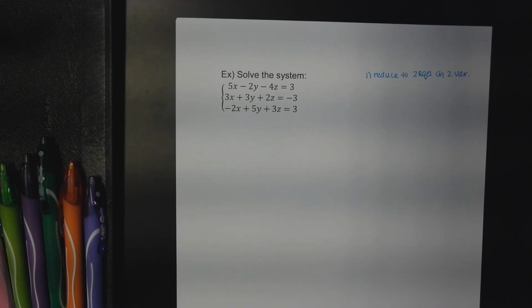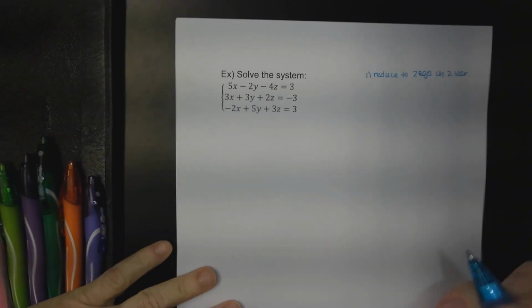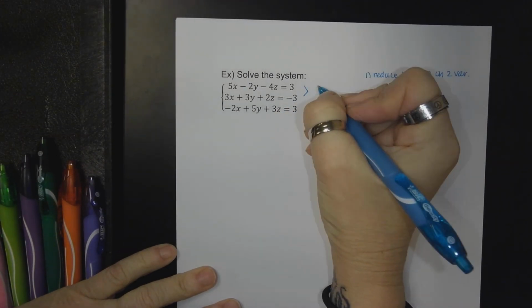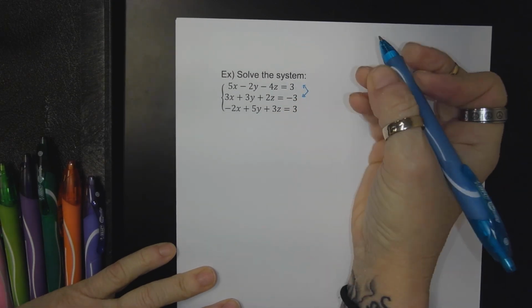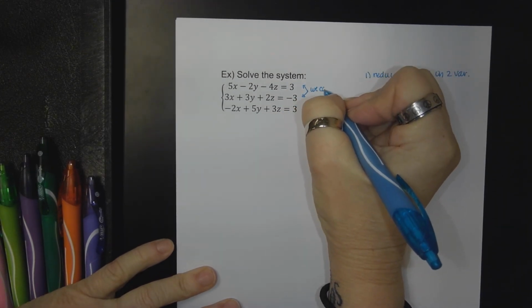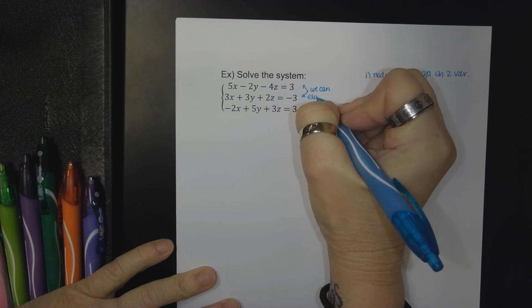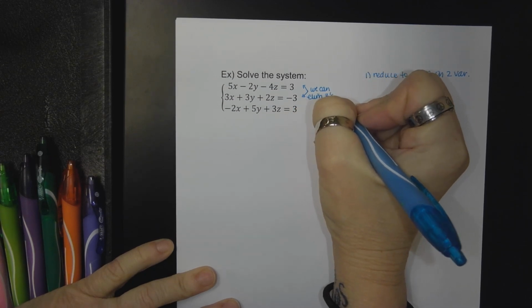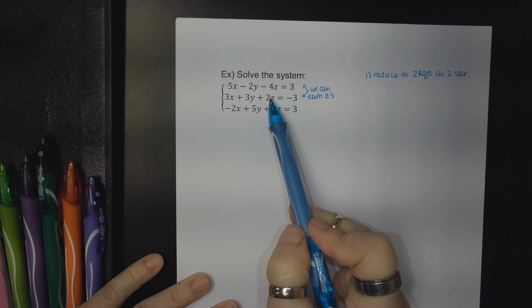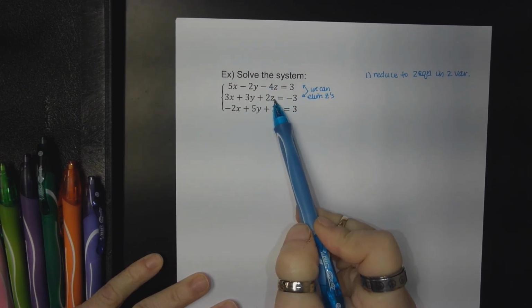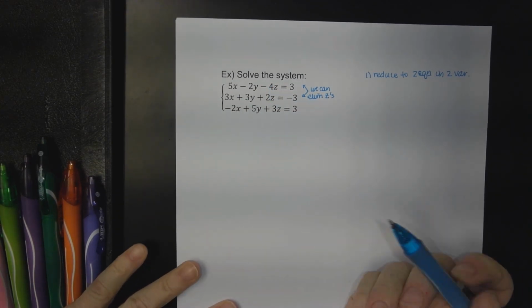So I choose these 2, and we can eliminate the z's, because if we multiply this by 2, then we can eliminate them pretty simply, right?